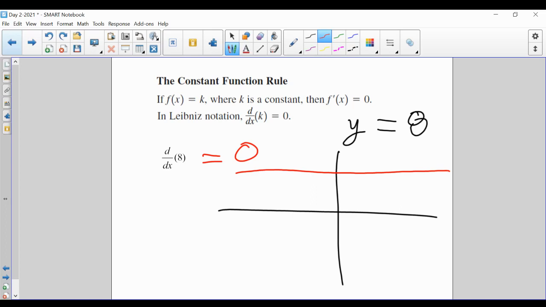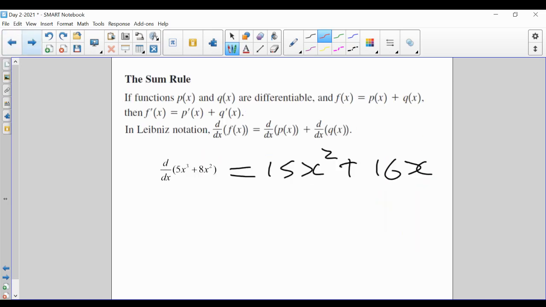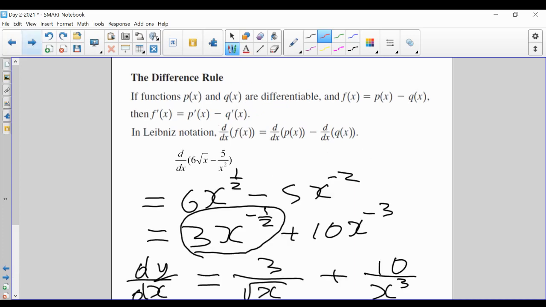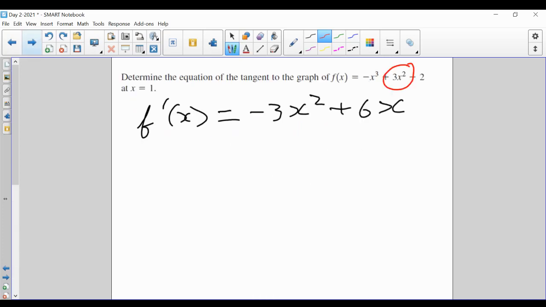So any constant that you have, with no variable associated with it, gets eliminated. That is what happened to our constant, that minus 2. Thank you for the question.